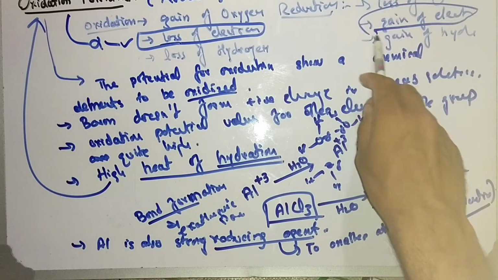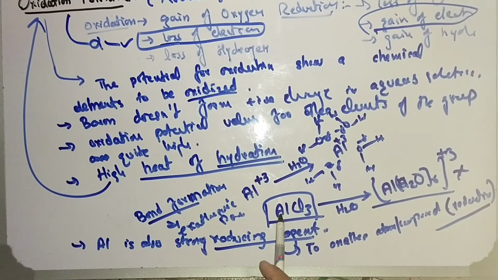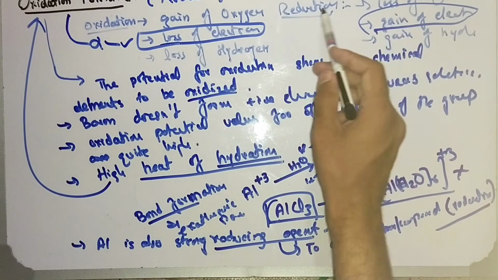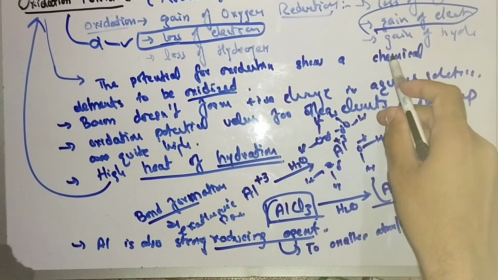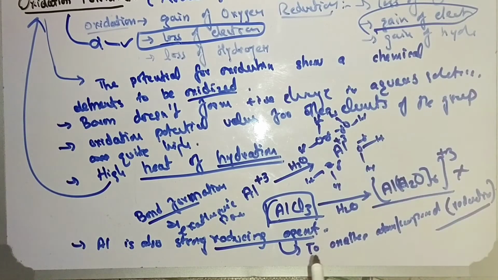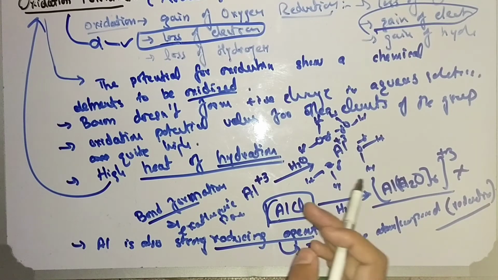So here, let's suppose AlCl3. Reduction also means loss of oxygen. Reduction also means gain of hydrogen. So here it is a strong reducing agent. Due to this, another atom will be reduced.